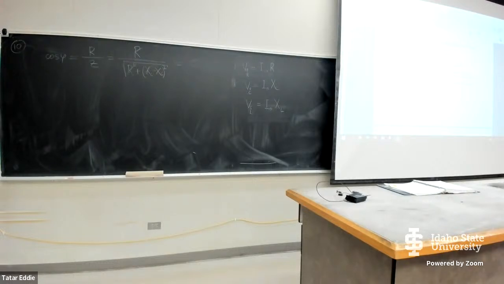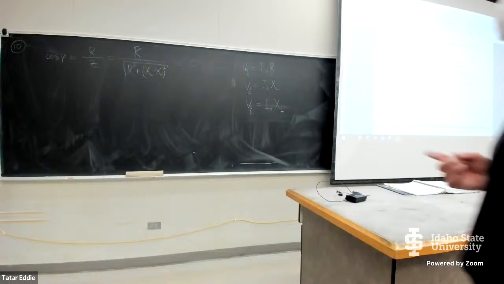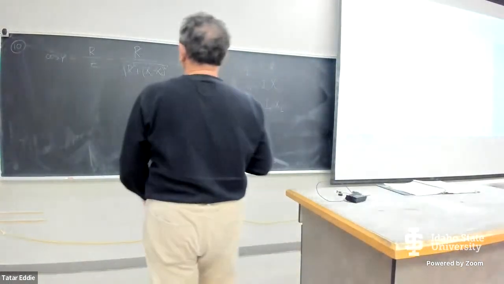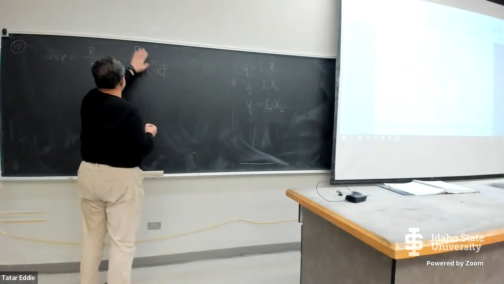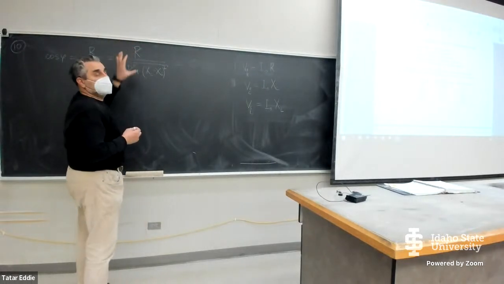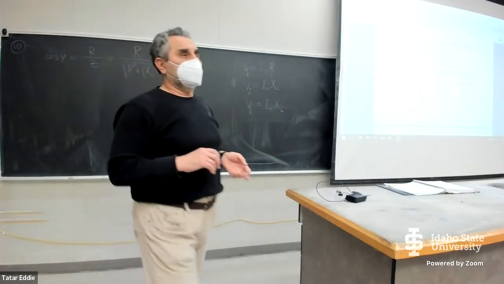D, a capacitor and resistor in series with a generator. So if you have a capacitor and resistor, you're going to have non-zero power factor, right? Because this is going to be 0, but you have something divided by something. It's not going to be 0.